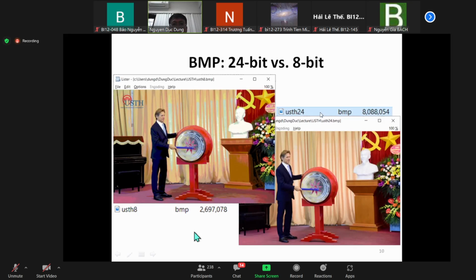For the 24 bits, it means it uses 3 bytes for storing the information: 1 byte for red, another byte for green, and the third byte for blue values. And it costs nearly 8 megabytes of data for storing the picture.